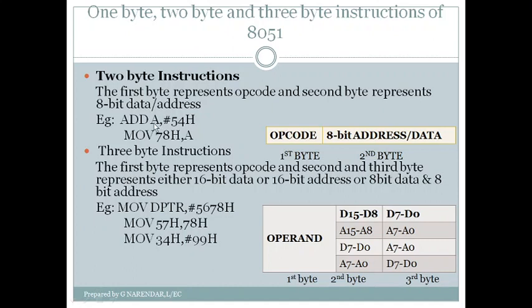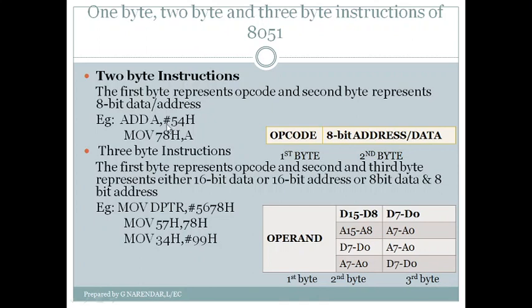The destination operand is register A, its name is specified, and the source operand is 8-bit data. 54H means 54 is a hexadecimal number, and when it is converted to binary, it is 1 byte of data.